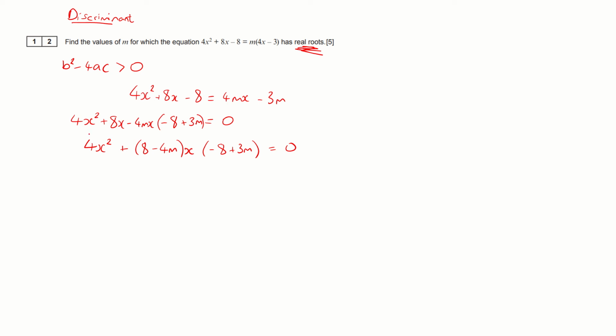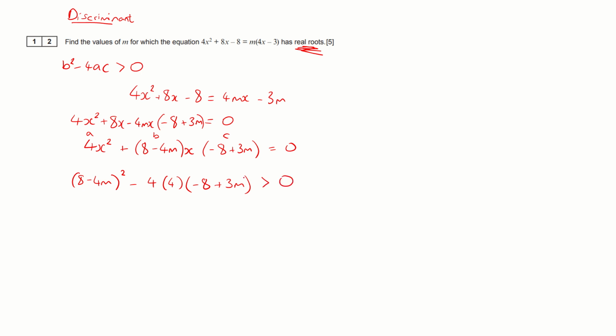So we have a, b, c to sub in, so b squared, 8 minus 4m squared, minus 4 times a times c. b squared minus 4ac, according to this, has real roots. That means that it is greater than 0.